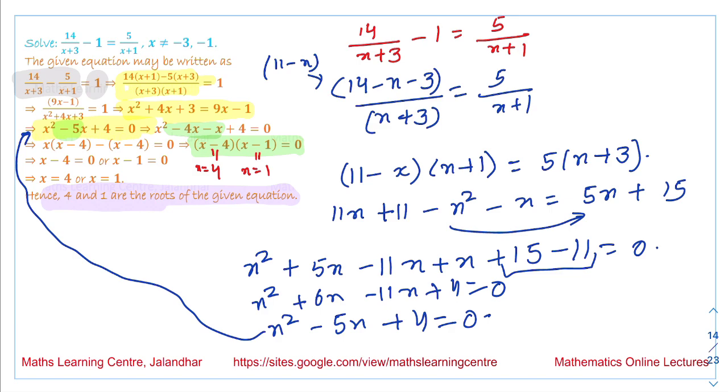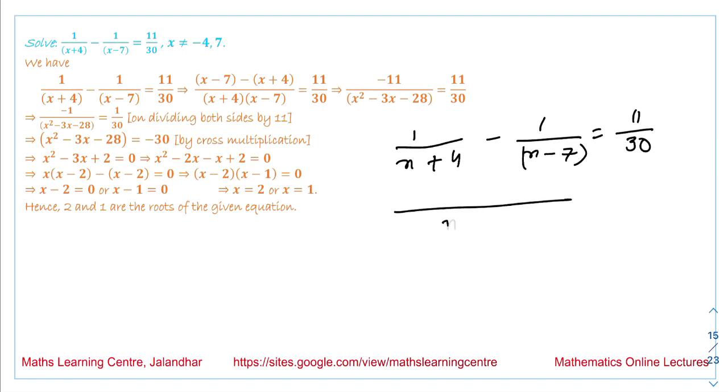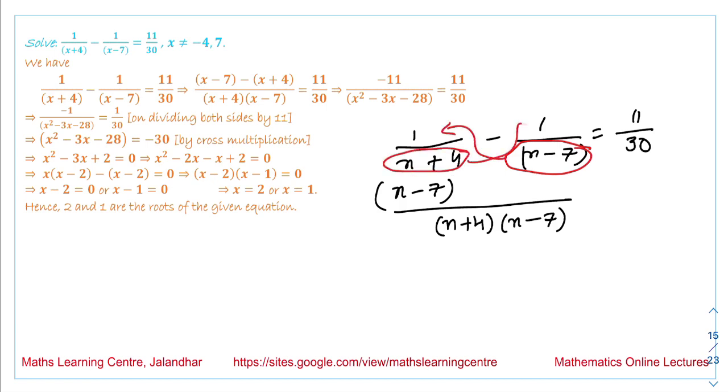Next, we have to solve this equation. Again, we are considering the LCM of these two terms. So it is 1/(x + 4) - 1/(x - 7) = 11/30. So we take LCM over here, it is (x + 4)(x - 7). Over here we will get (x - 7) in this term and (x + 4) in this term, multiplied accordingly. So it is (x - 7) - (x + 4).